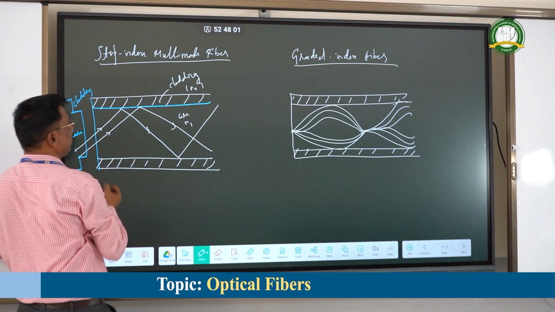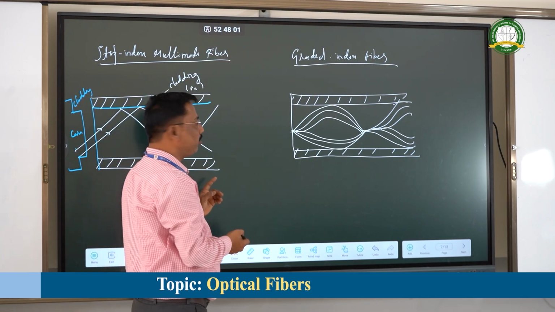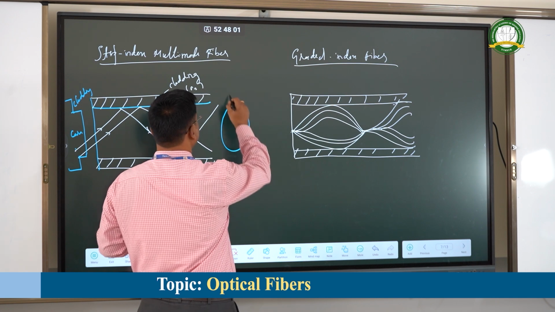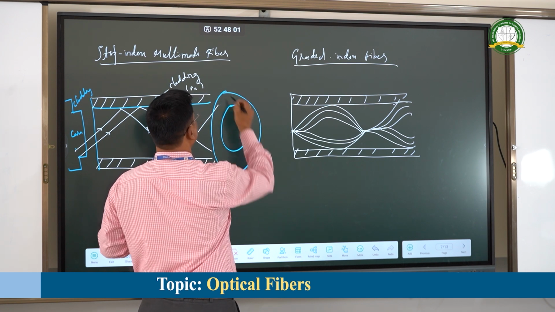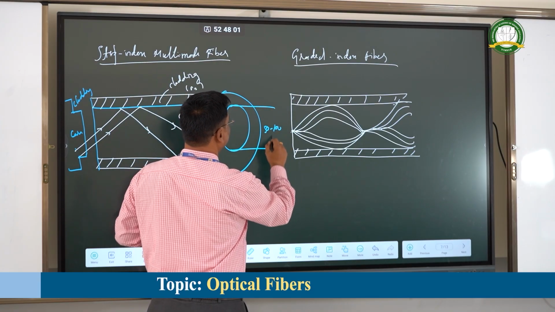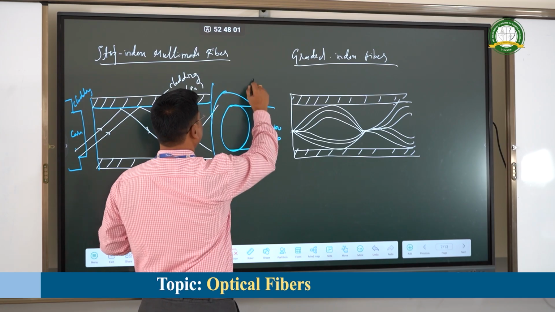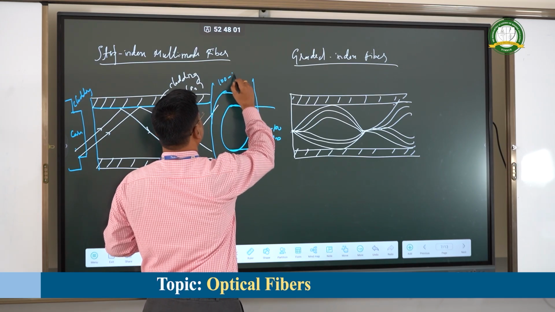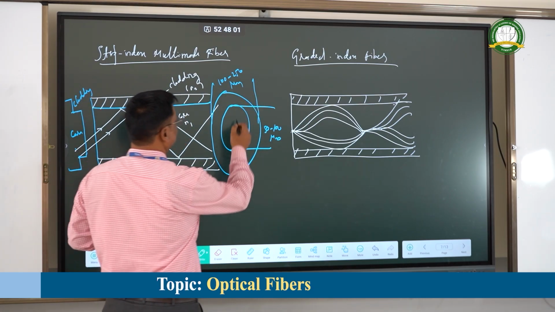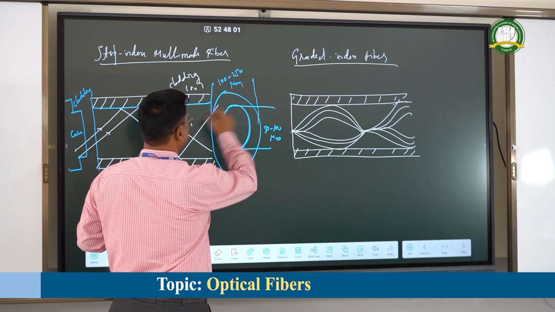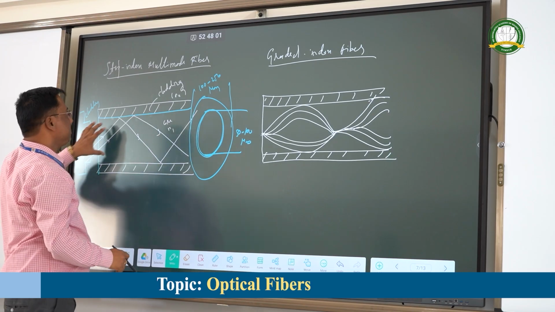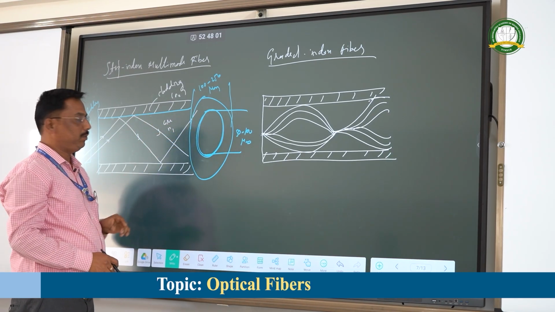But the difference between step index single mode and step index multi-mode is that the core diameter is very large, around 50 to 100 micrometer, and the cladding diameter is around 100 to 250 micrometer. Because of the large core diameter, it supports more than one mode. That's why it is called step index multi-mode fiber.